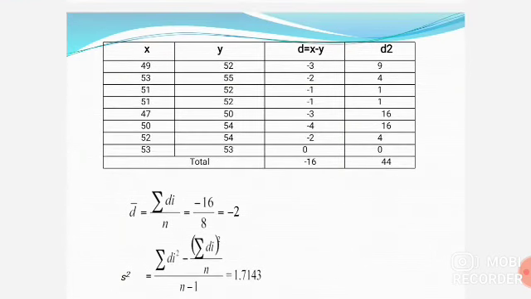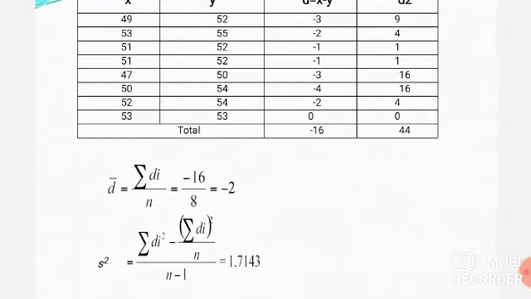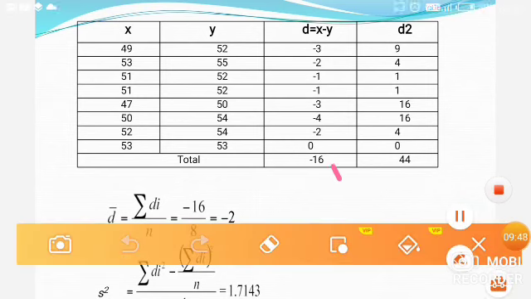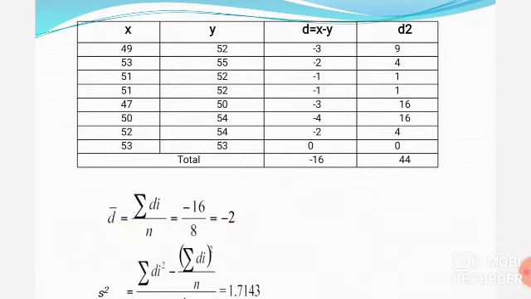Now we use the formula of the paired test. First, d bar equal to summation di divided by n. Summation di equal to minus 16, and here n is 8.